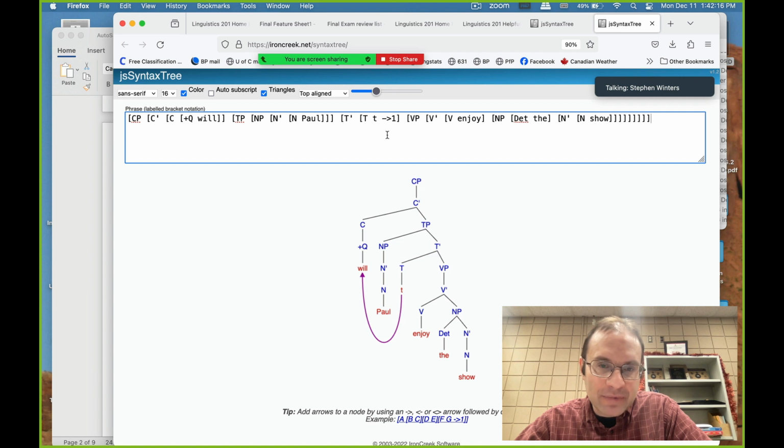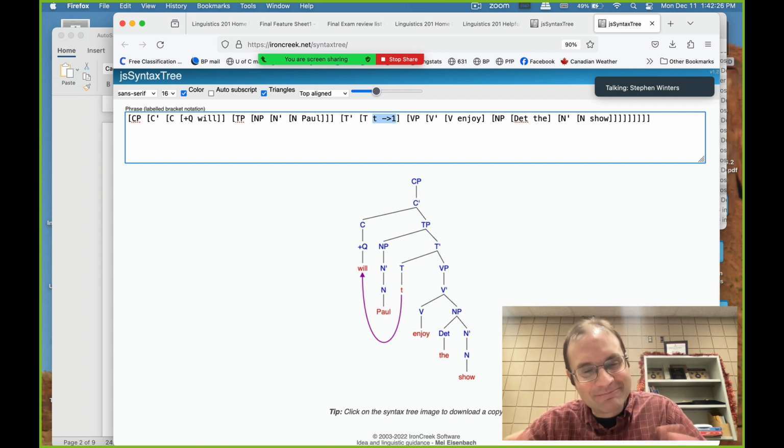Something people picked up on in the homework, which unfortunately I didn't talk about in class, is how do we denote that movement? You make that happen in the syntax tree drawing interface with this sort of notation here.